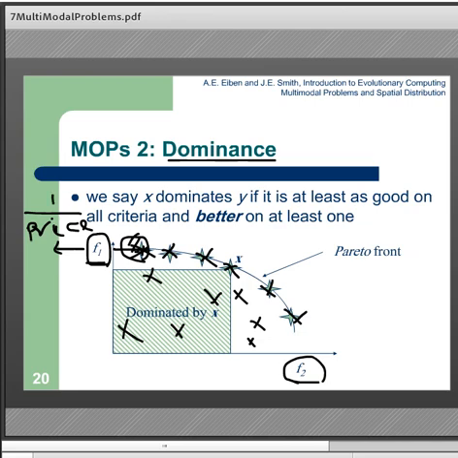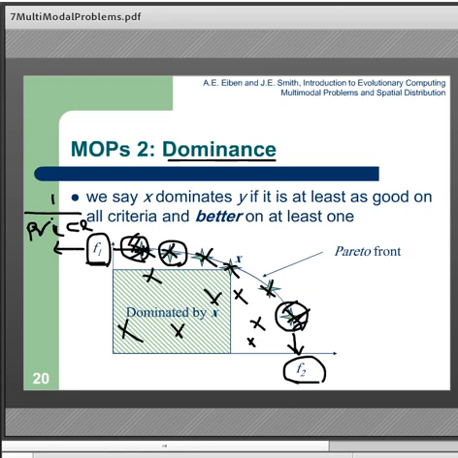It is the reverse of price. But this individual is the best with which fitness? Fitness 2.